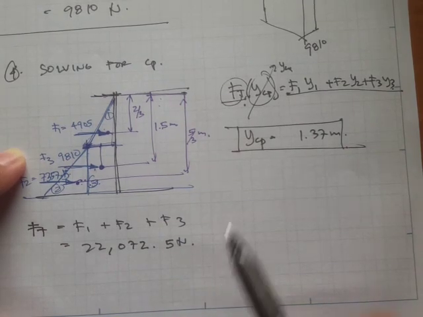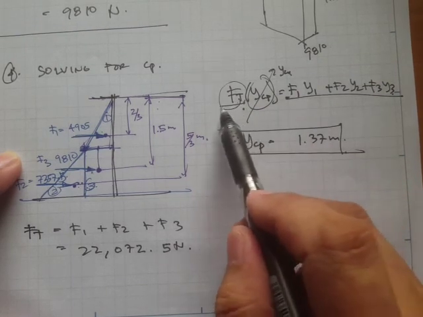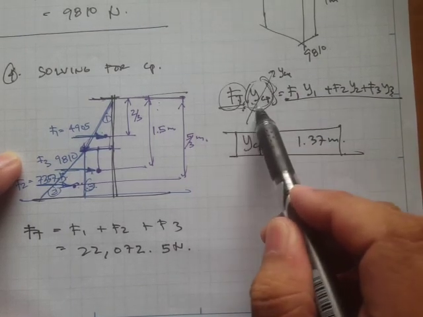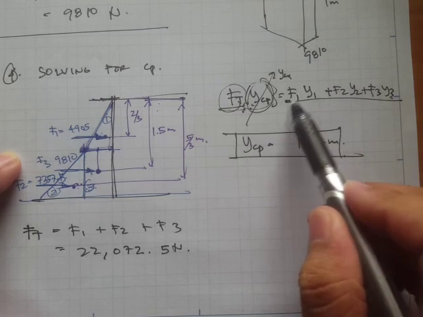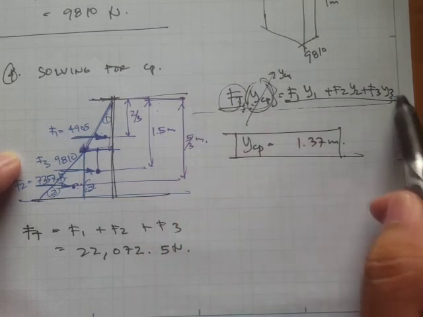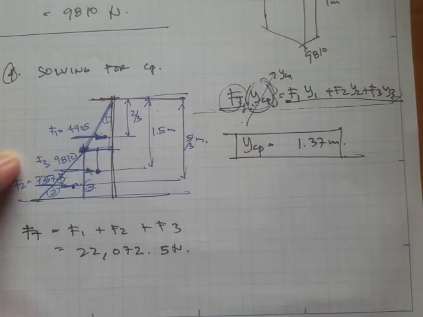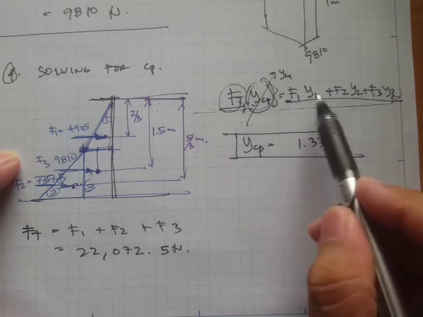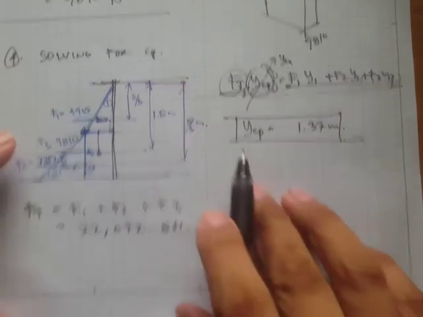Now to solve for the center of pressure, it's simply the force times the moment arm. The idea is that the total force times its moment arm is just the sum of the individual forces times their moment arms, and we have a value of 1.37.